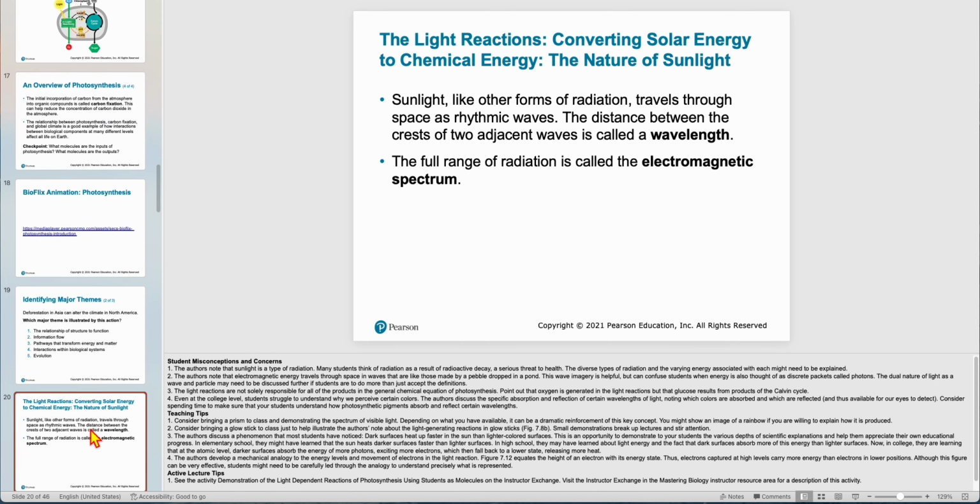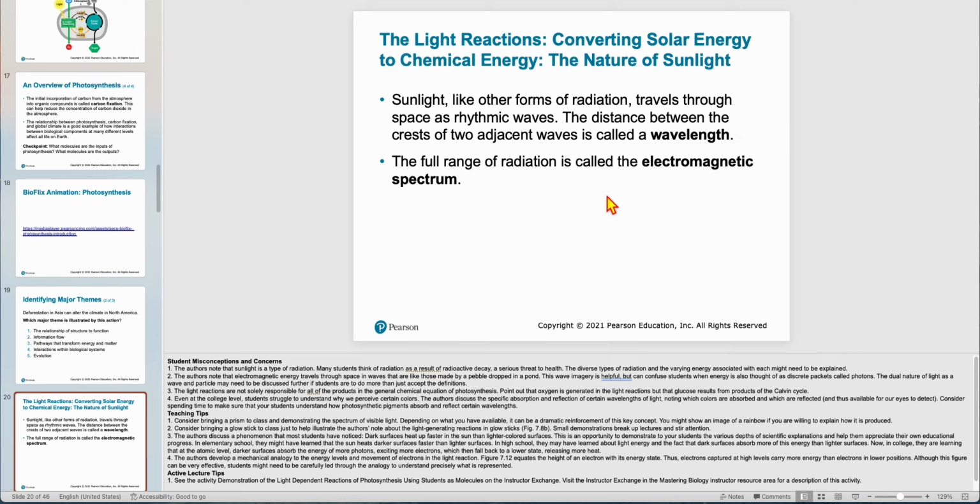Okay, next slide. Now this has to do with light itself. All forms of light, like sunlight included, have some kind of energy, and that's called the electromagnetic spectrum. Some kind of radiation, some kind of energy. And these energies come in waves called wavelengths.